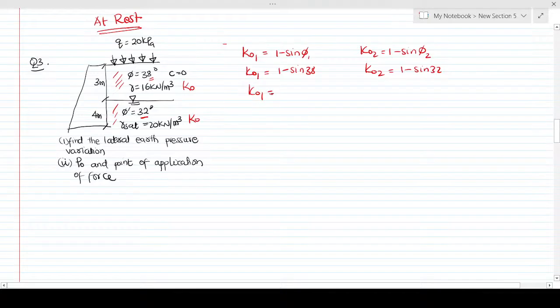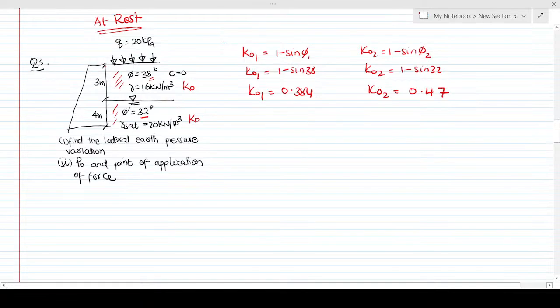So K naught one will be 0.384, and K naught two is 0.47. So let's put this in place.